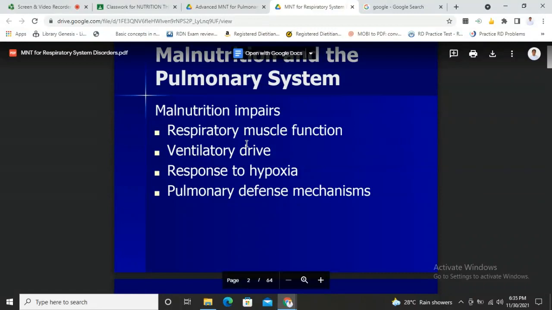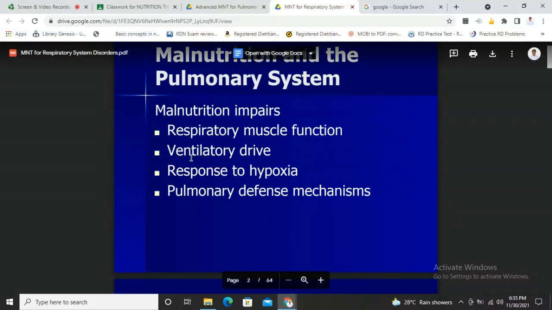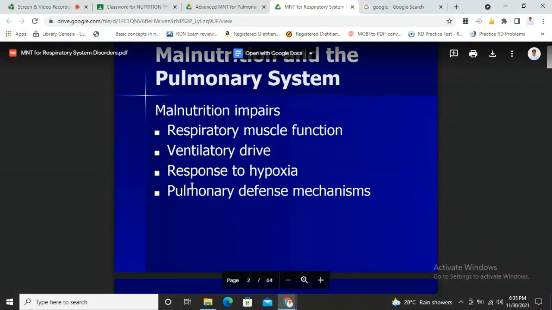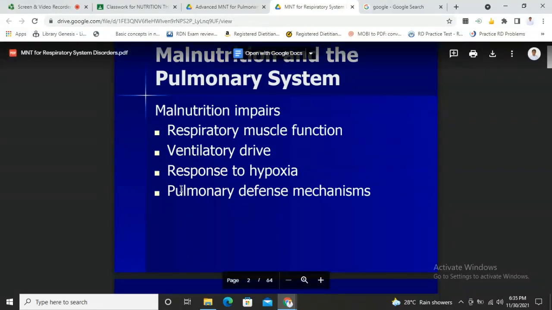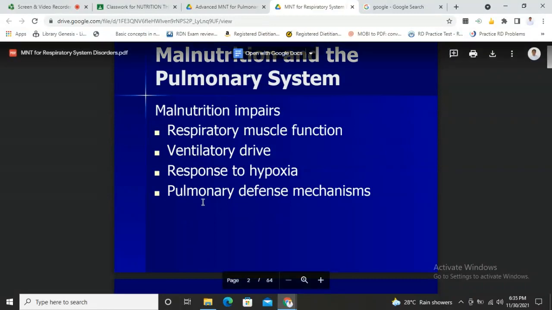And malnutrition affects the functioning of the respiratory system in many ways. Like malnutrition impairs respiratory muscle function, malnutrition impairs ventilatory drive, malnutrition actually reduces the body's response to hypoxia, and also malnutrition negatively impacts the pulmonary defense mechanisms.